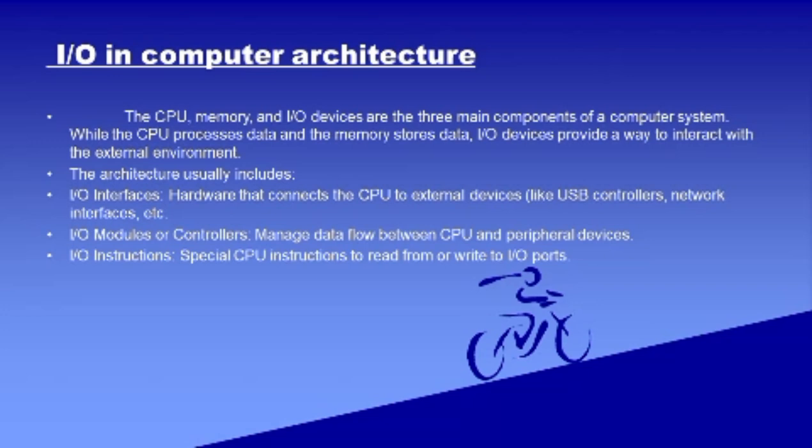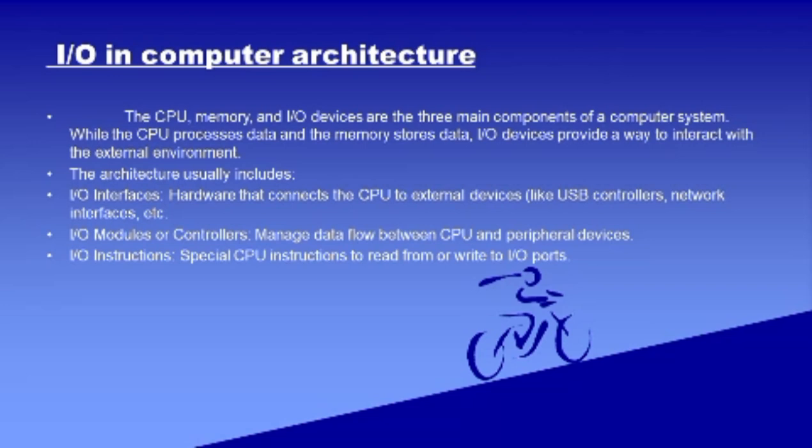Whenever you input data, the CPU is what processes the data that has been inputted into the computer system. And if you want to store that data, the memory is for that function.